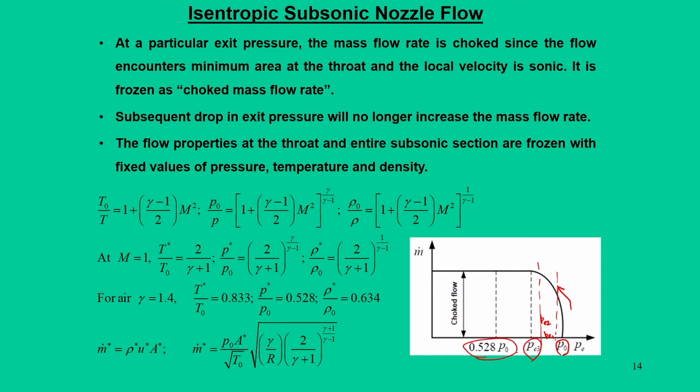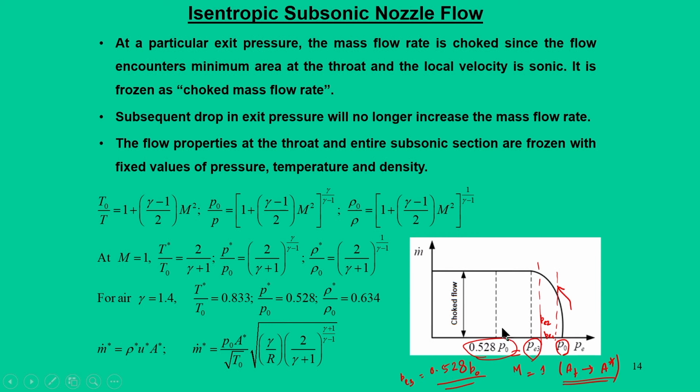0.528 P0. At that point we say the Mach number is sonic at the throat. That means AT becomes A star. At that instant the pressure ratio, that means Pe3, becomes 0.528 P naught. When this is maintained, the mass flow rate becomes choked, that means the mass flow rate has a fixed value.